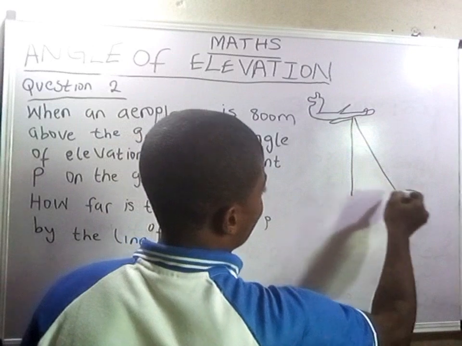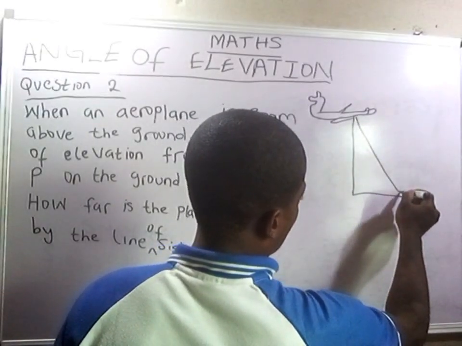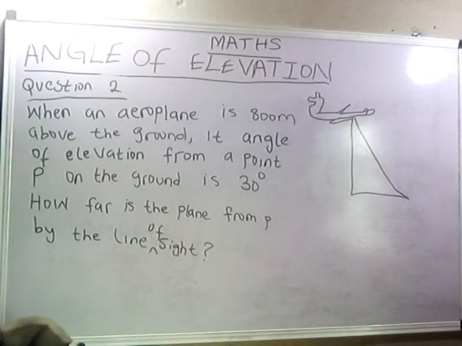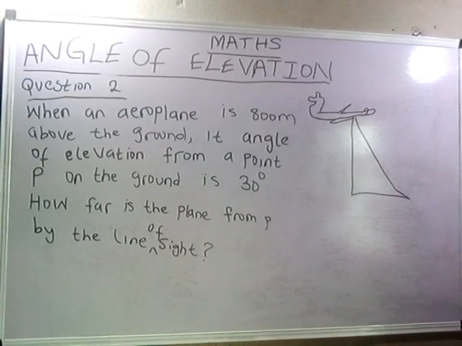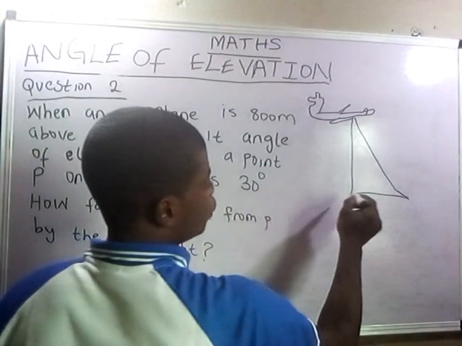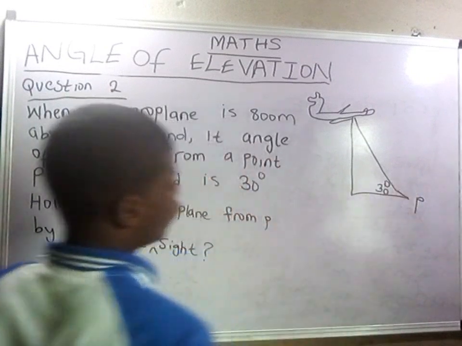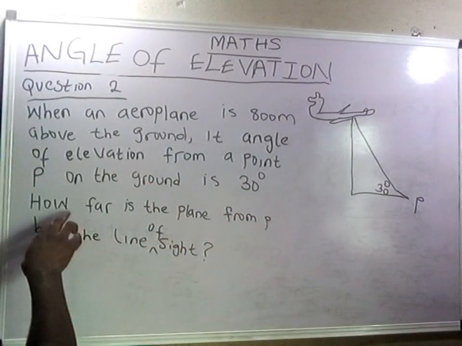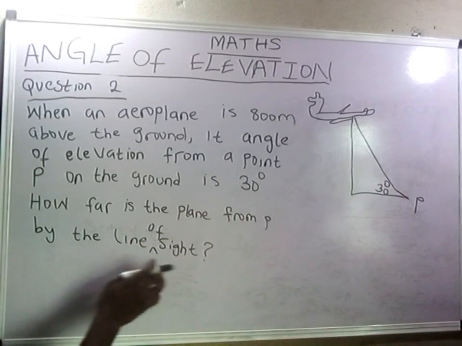Because they say angle of elevation, we know already. Its angle of elevation from a point P. This is the point P, 30 degrees. How far is the plane from P by the line of sight?